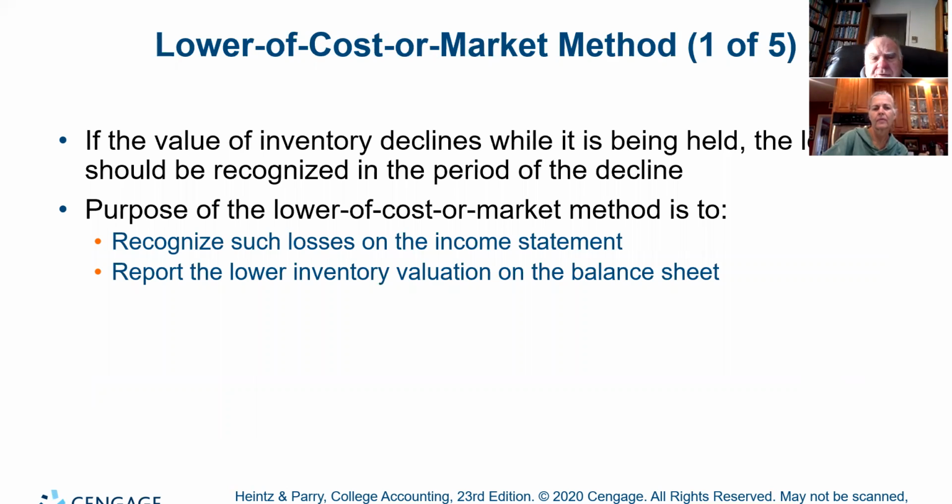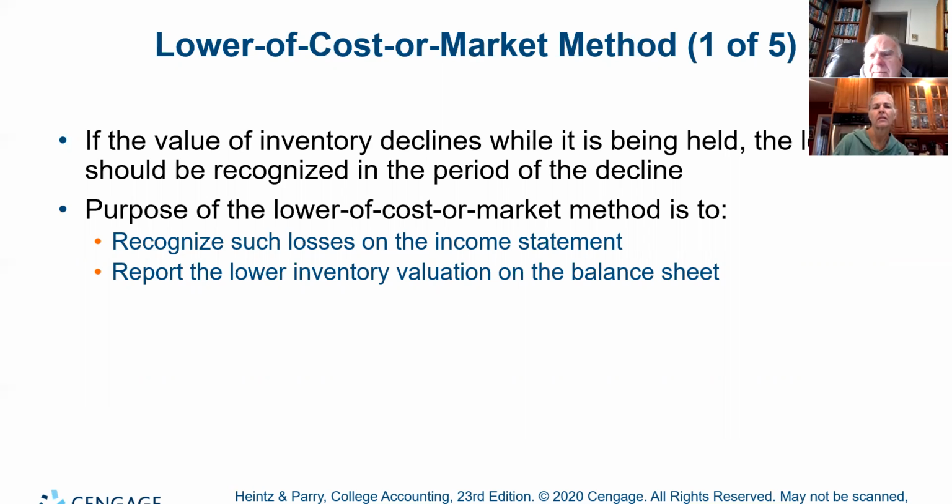Lower of cost or market. If the value of inventory declines while it's being held, the loss has to be recognized. The purpose of lower of cost or market is to recognize those losses and report the lower inventory valuation. In other words, you have inventory in stock. You have t-shirts, and you were selling these t-shirts for $20 a piece, and they were very popular.